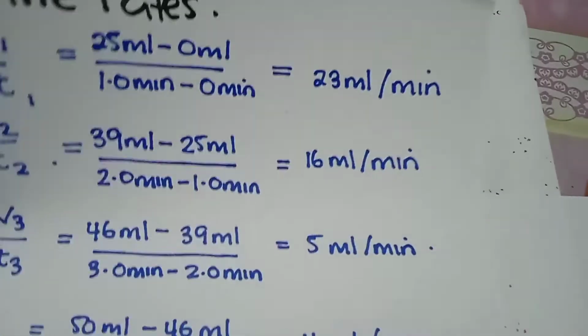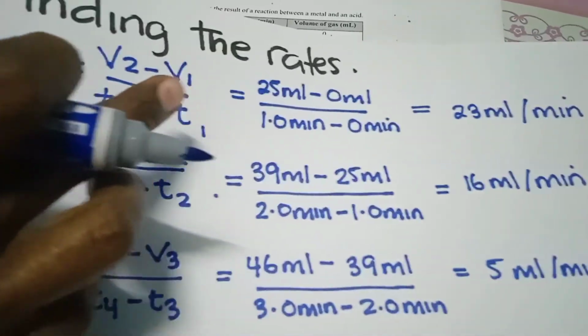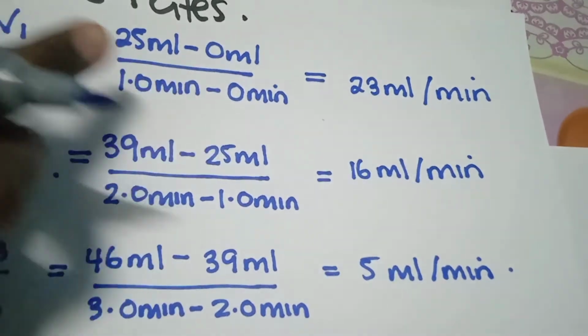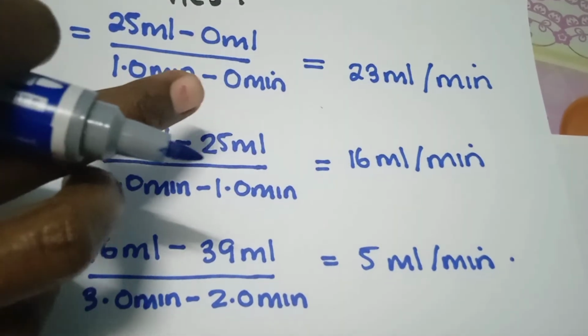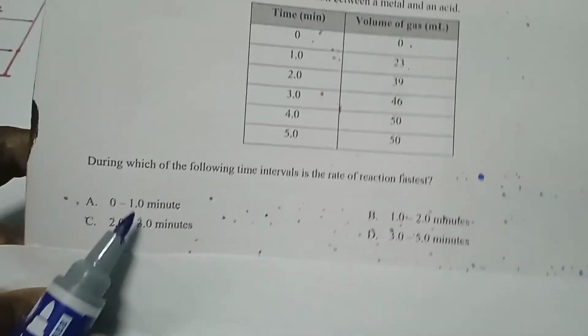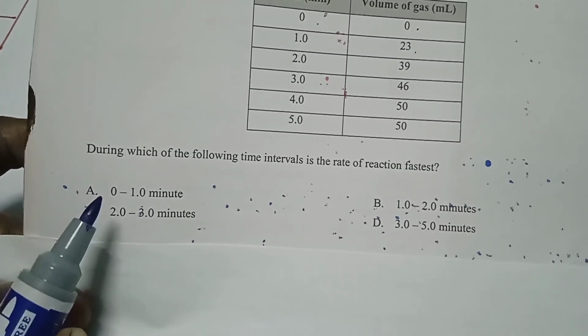According to our working out, the fastest rate of reaction is 23 milliliters per minute, and it happens from 0 minute to 1 minute. From the options here, you look at the one from 0 to 1 minute, so your answer would be A. A is the answer for the first one.